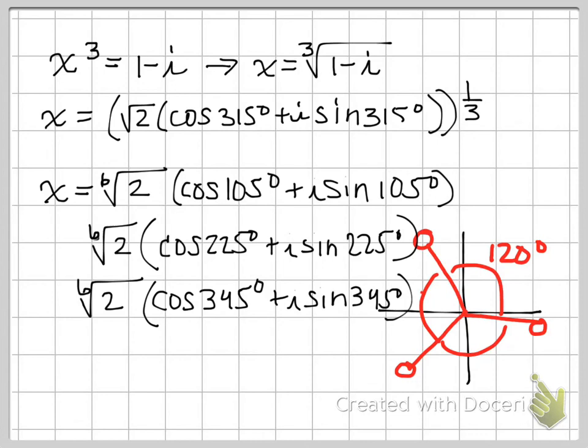So if I took any one of these 3, multiplied by itself 3 times, the result is going to be 1 minus i. Okay? So nothing new, just applying it in a slightly more complex situation, to a complex number that has an imaginary part.